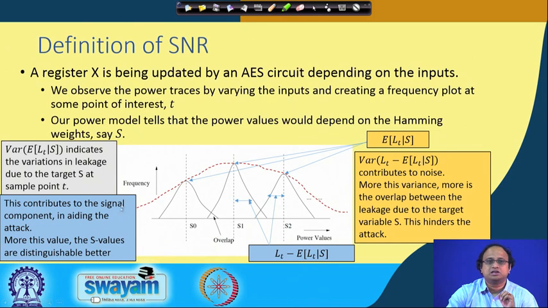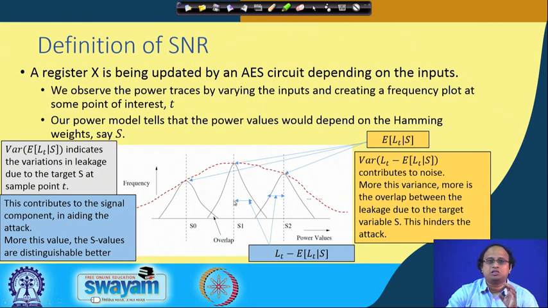This is the leakage. LT is the random variable denoting the leakage at a time instance t. This leakage can be conditioned by the corresponding value which the state register takes. The state register can take S0, S1, S2, whatever values.